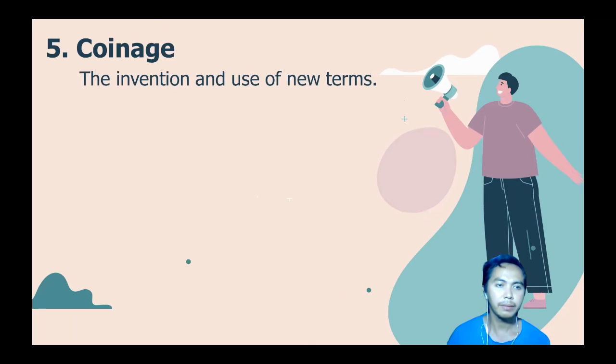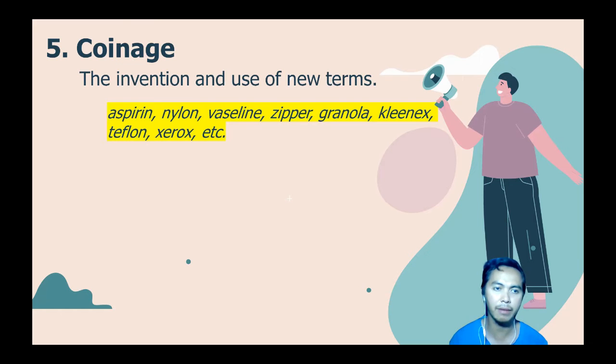Coinage is the invention of new terms or new words, which usually come from big names or big brands, or something popular in a particular era. Here you have examples like aspirin, nylons, Vaseline, zipper, Renault, Kleenex, Teflon, Xerox, and so on.